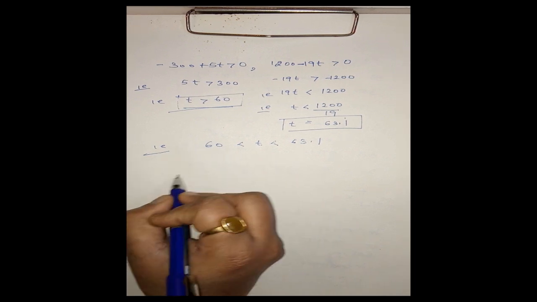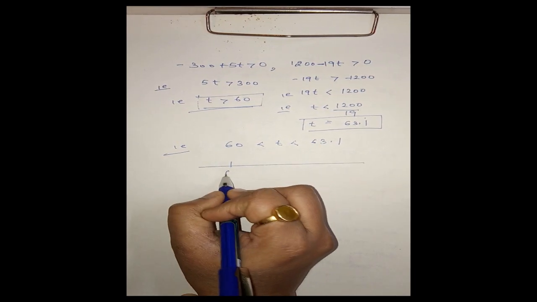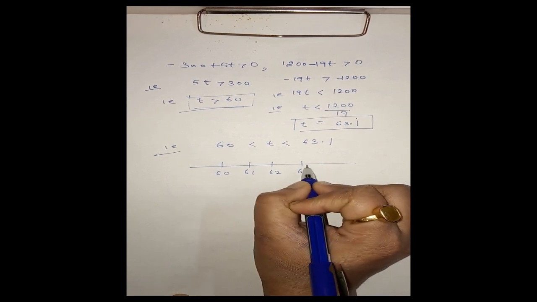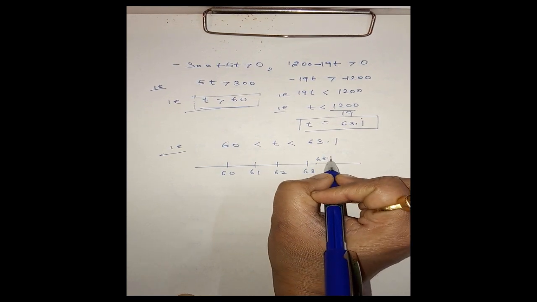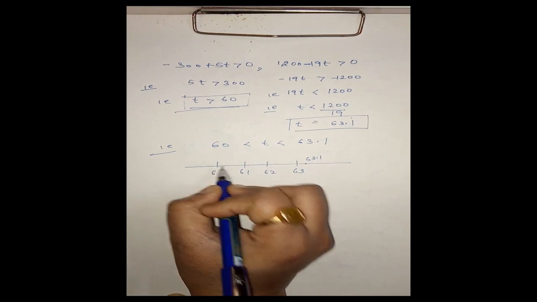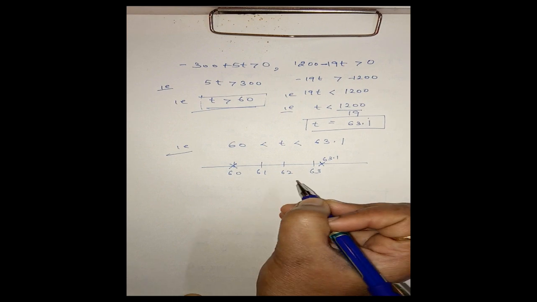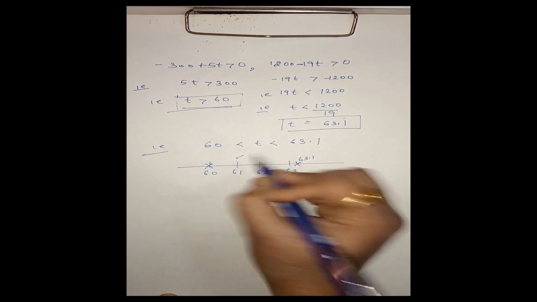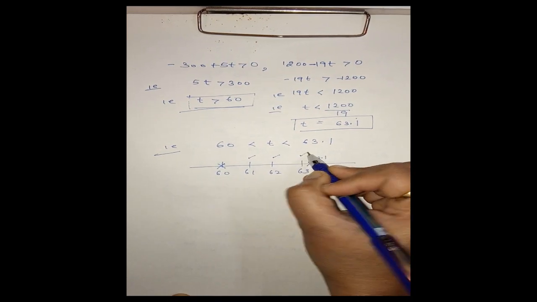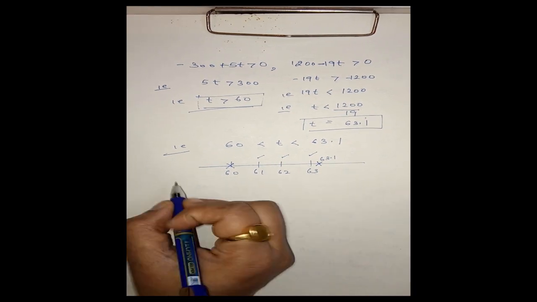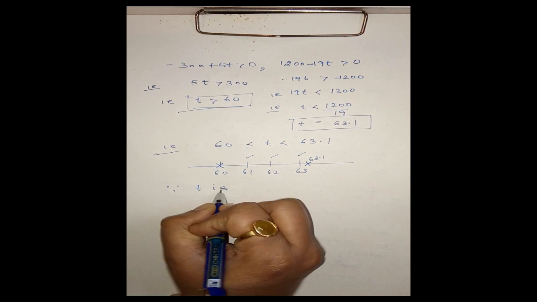Clear? Now again on the number line, here we have 60, 61, 62, 63 and 63.1 will be somewhere here. Now t lies between 60 and 63.1, and t is an integer, therefore t can take values 61, 62 and 63. These are the three possible choices for t.